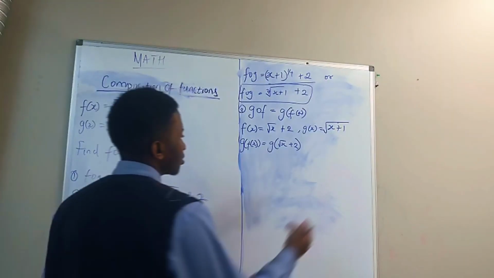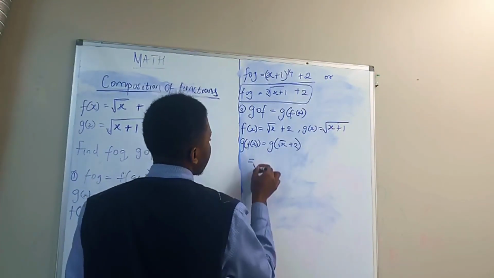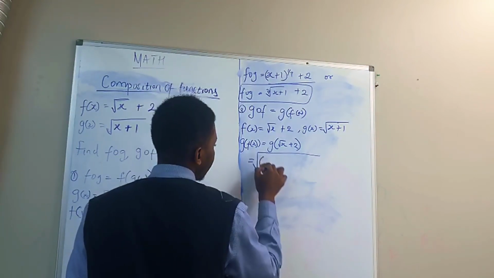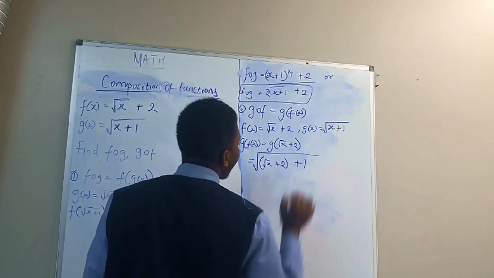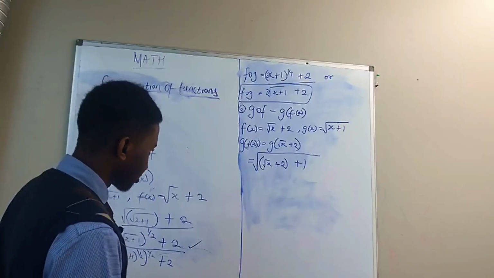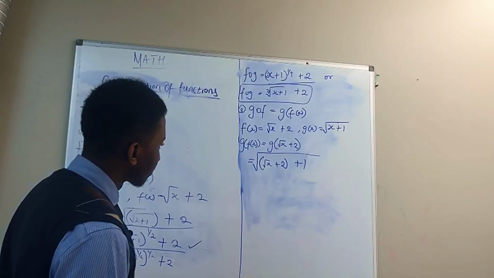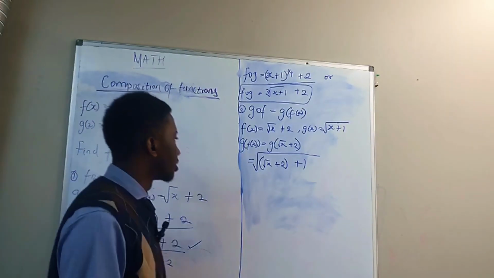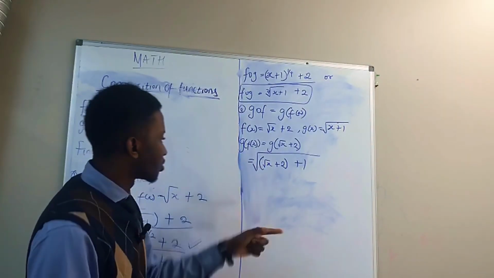So now to do that, this is what will happen. This into that, we have a big square root, and then we're having root x plus 2 plus 1. So this is how our answer can be reported: root of root x plus 2 plus 1.